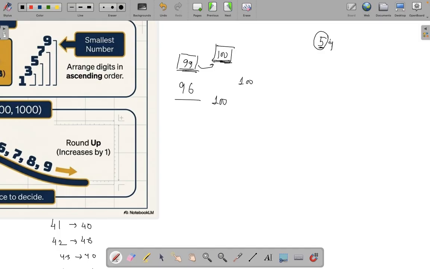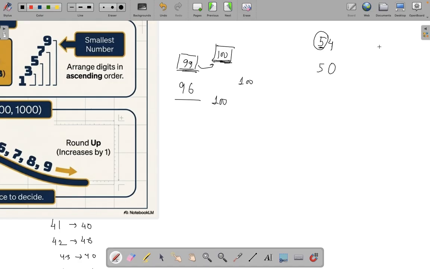If it is less than 5, you keep it as it is and make this 0. If it is greater than 5, you increase this by 1 and make this 0. Here, since it is less than 5, you'll just make this 50.